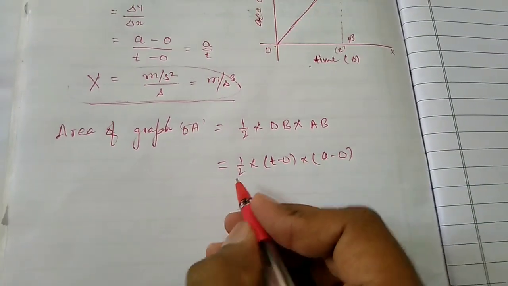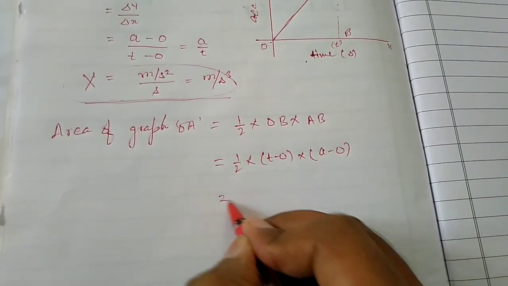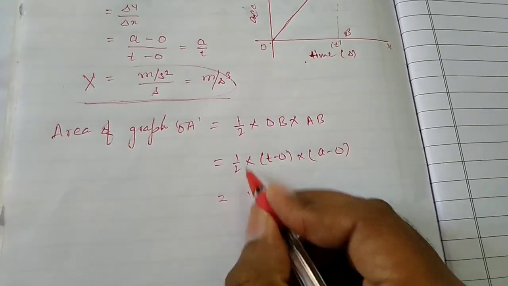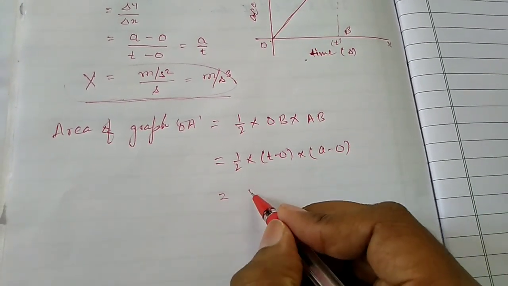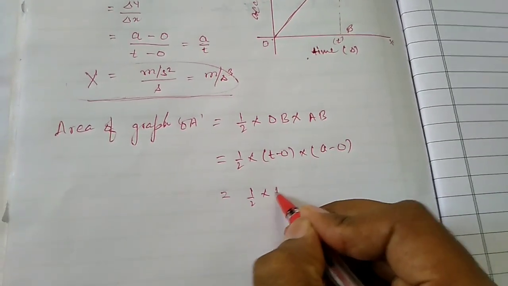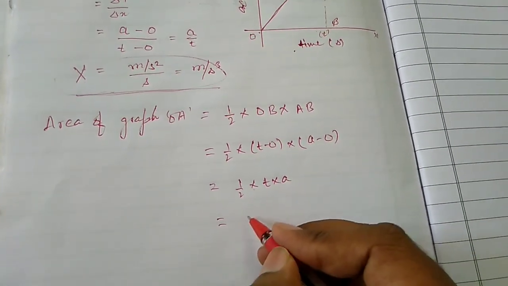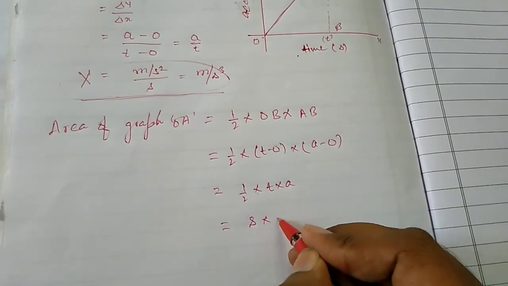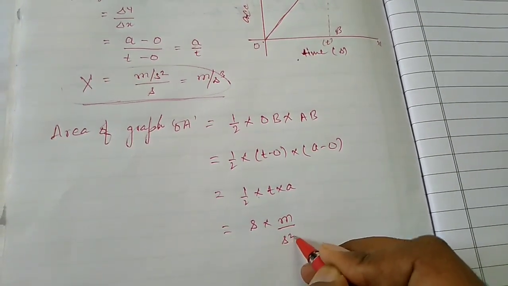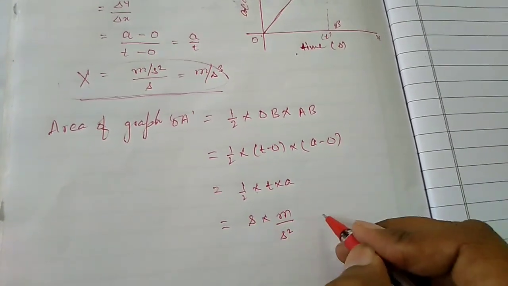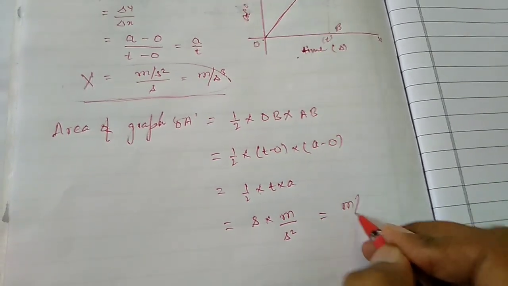Now put the units: half is a constant, no unit. Time has unit second, and acceleration has unit meter per second square. So you can see one second will be cancelled.